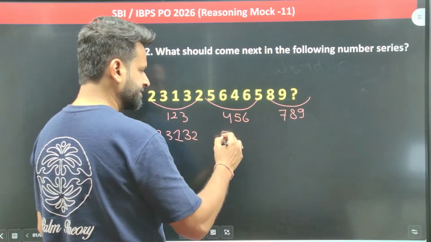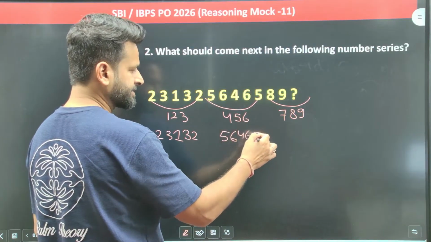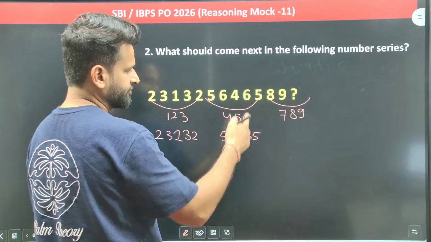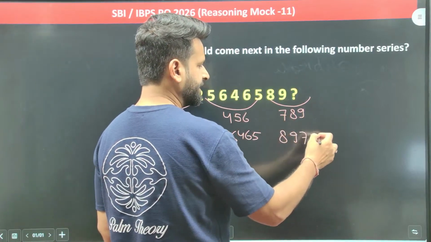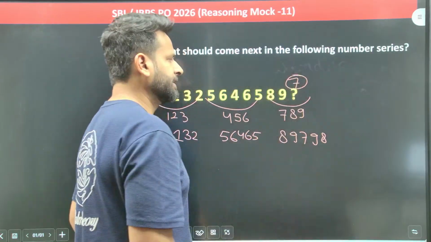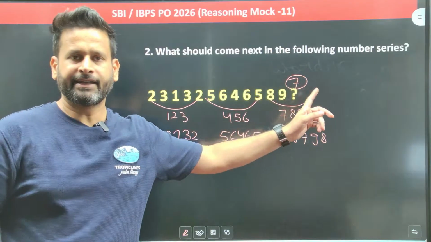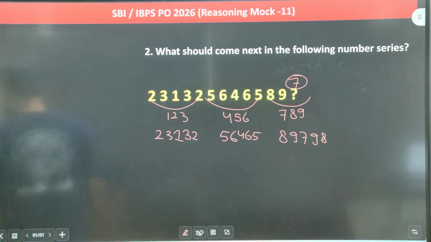Similarly, 4 5 6, first the last two terms, then the first, then 5 6 will change to 6 5. Can you see 5 6 4 6 5? Next 7 8 9, 8 9 7, and then 9 8. 8 9, this will be 7. We are required to find only one number in place of the question mark, that will come out to be 7.